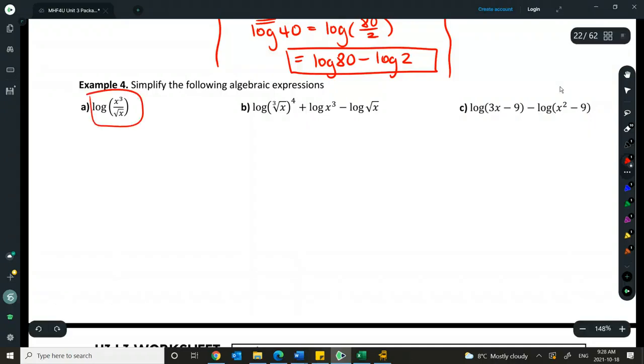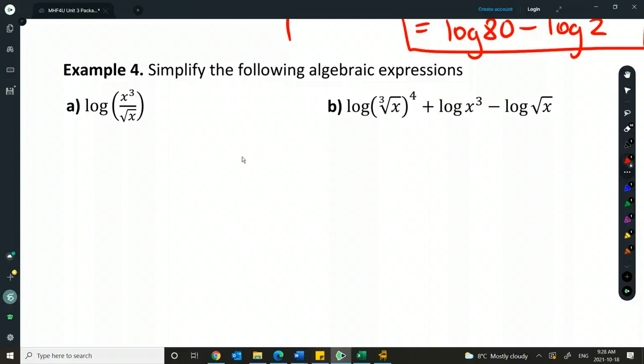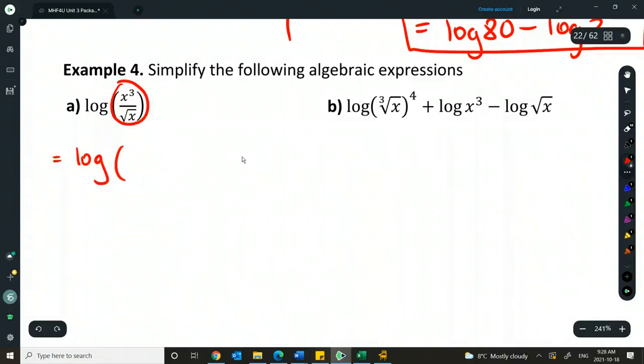And then if it's already in a single logarithm, then we would do our best to simplify what's inside of that logarithm. Okay? So this one's already a single logarithm for part A here. Nothing that I really need to do as far as using product rule or power rule or quotient rule or anything like that. But I would like to express this inside as a single x.